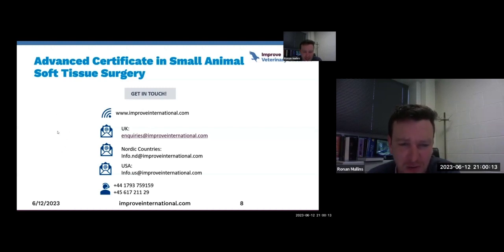Is multi-perforation of an axial pattern flap recommended for more stretching? I don't do that, is the short answer. I wouldn't do that. I would be worried that you would injure the blood supply to the flap. And another point that marries in well with this is the use of tacking sutures, even with these flaps. I would be cautious again that you're not going to damage the blood supply.